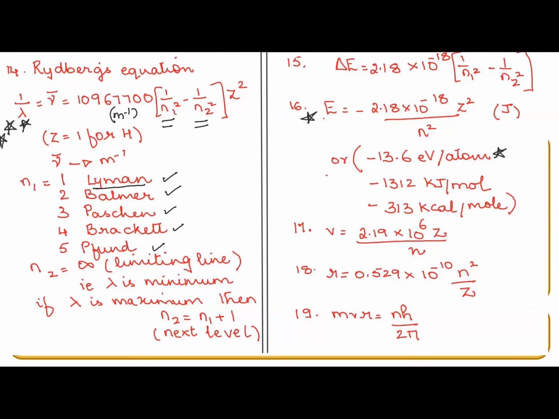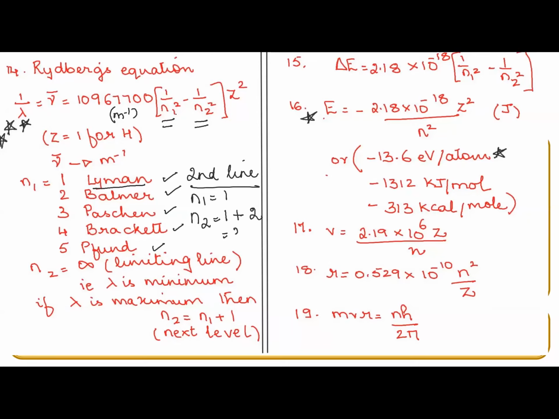Okay. Now, next thing is what is n2. They may either directly give it to you, or they can say second line in the Lyman series. If they say second line in the Lyman series, that means n1 is anyway 1. What will be n2? You take that 1 and you add 2 more, meaning 2 above 1. That's what it means.